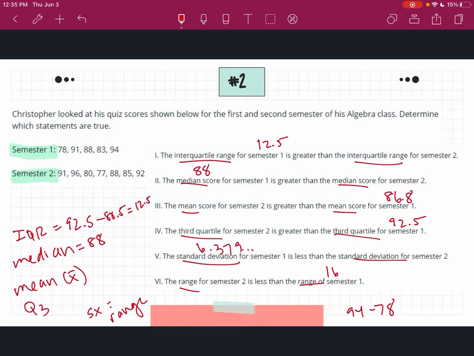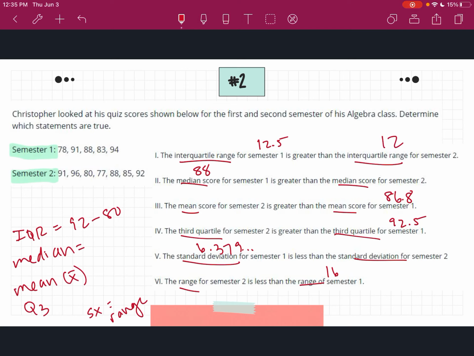Just erase this for right now. All right, so first one was IQR. For Q3, we should have gotten 92. Q1 is 80. So your IQR there is 12.